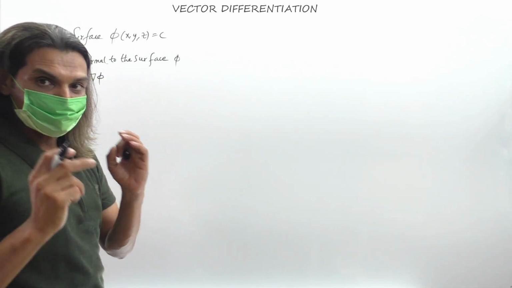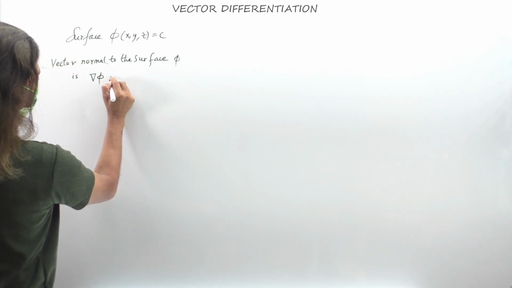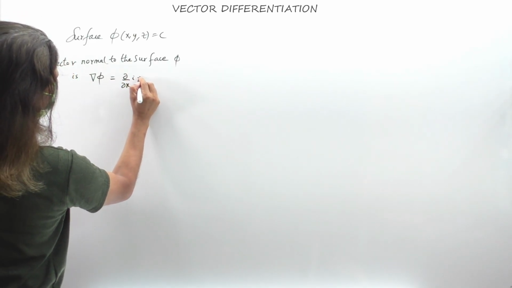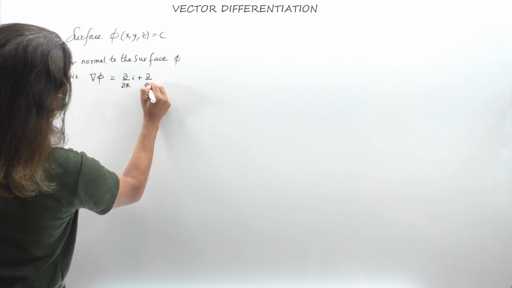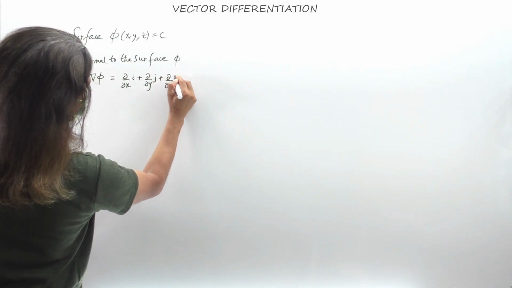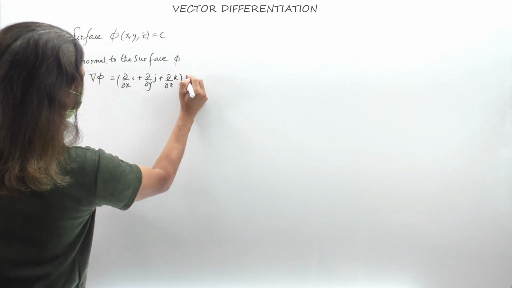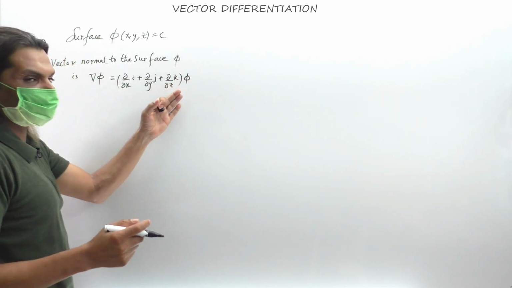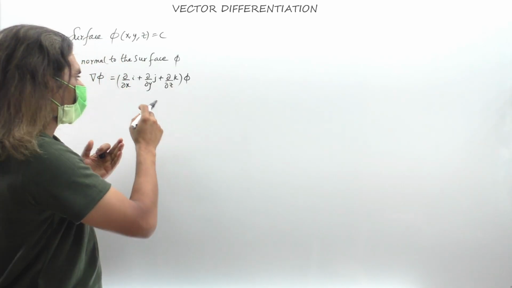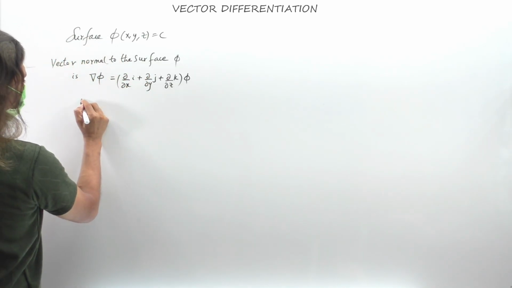Del is a differential operator, nabla. What is del? Del is dou by dou x of i plus dou by dou y of j plus dou by dou z of k, into phi. Here this phi multiplies each and every term. So that is del phi.